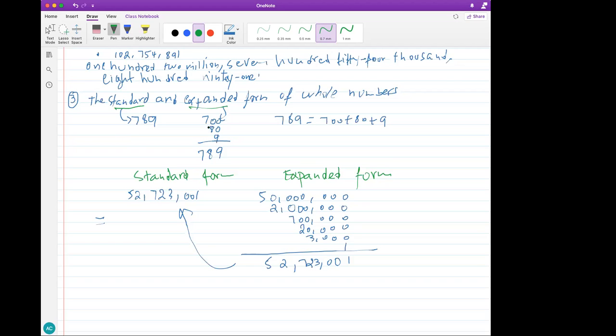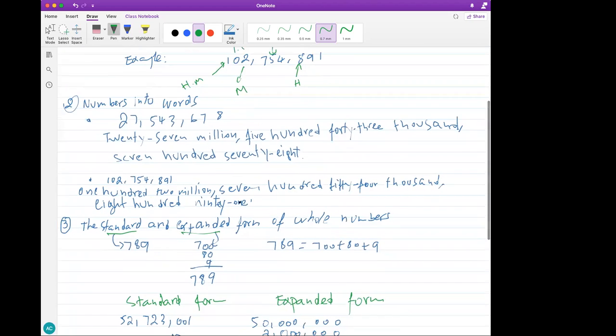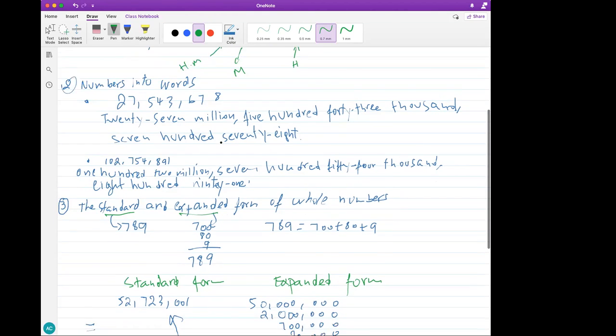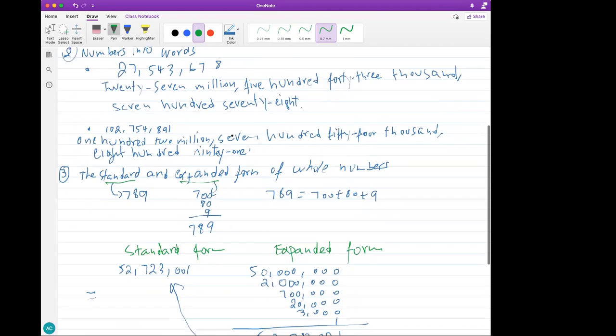All right. Another thing which we should have done here is when you have words into digits. So we did digits into words. Let's do a couple of examples of that here.